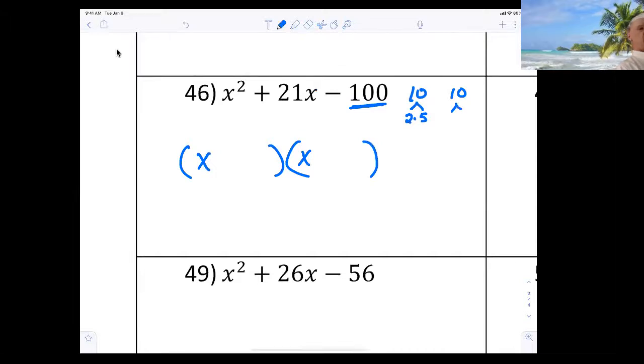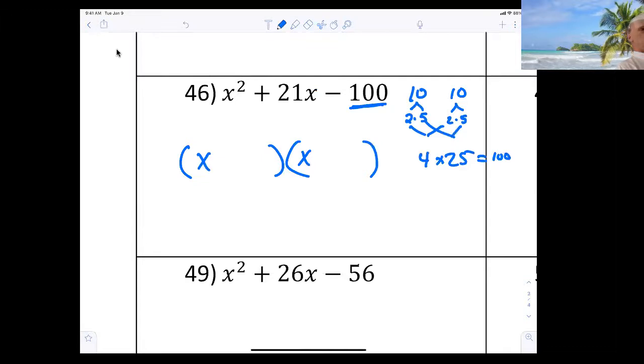No, I'm saying break it down to its individual factors, correct? And so now this 10 can be what? 2 and 5. So now you can put these together. What's 2 times 2? And what's 5 times 5? So that's 4 times 25 is 100. Does that make 21? 4 and 25. Can they make 21?